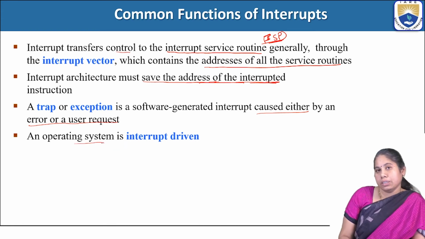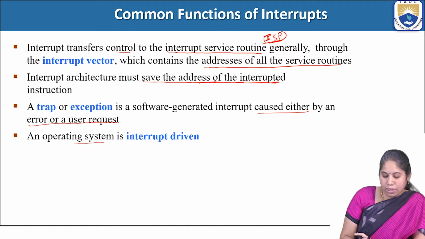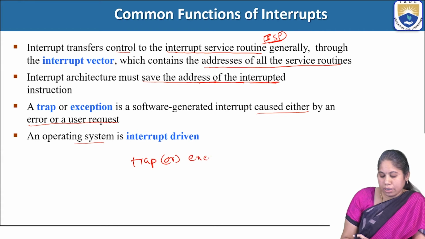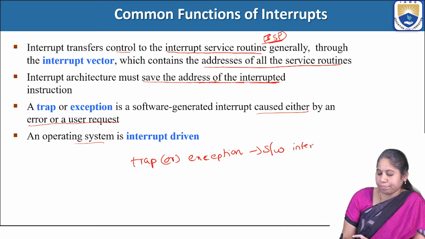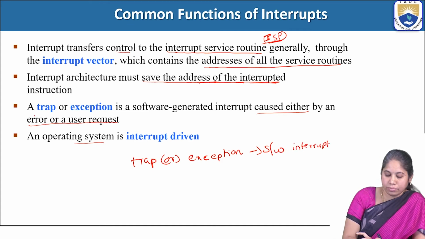That's why we have different kinds of interrupts in the operating system: hardware interrupts and software interrupts. Suppose a user wants to generate an interrupt, that is a trap or exception, a software interrupt. A trap or exception is a software generated interrupt.